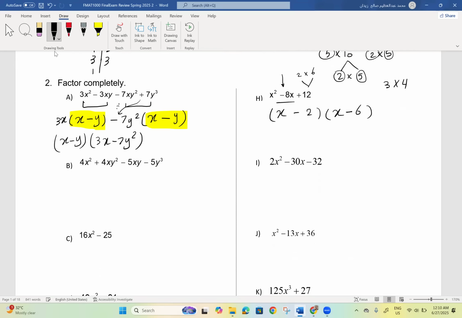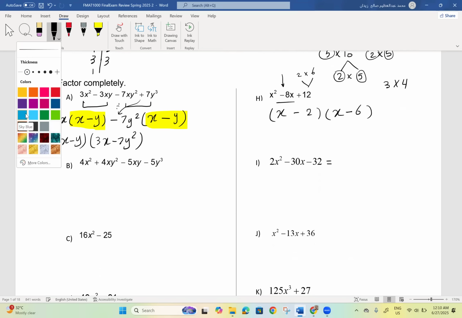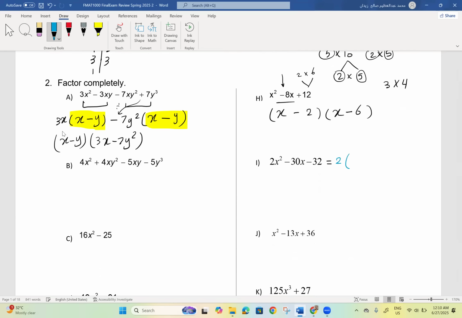Okay, this one you have 2x squared minus, let me change the color here to blue, it is better. I like this color. So just take 2 as a common factor, and you have inside x squared minus 15x minus 60, because I just divide each term by 2.